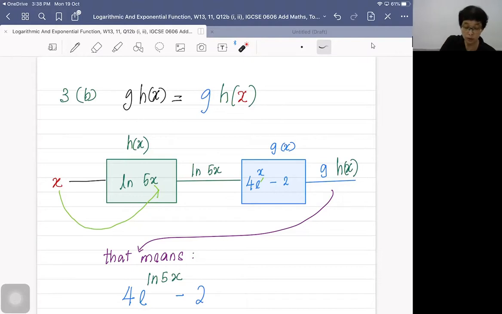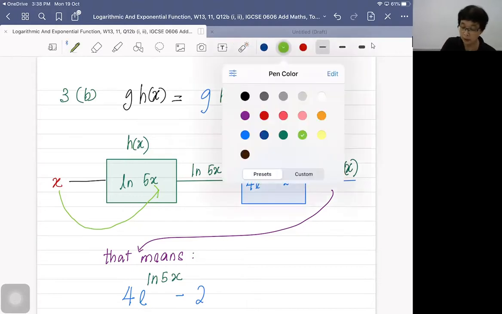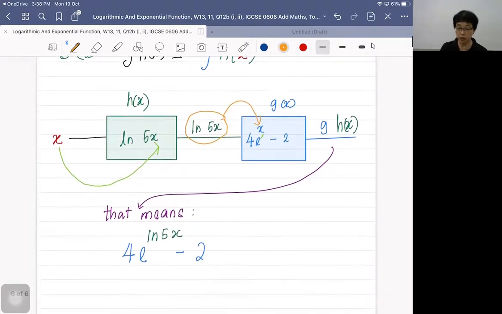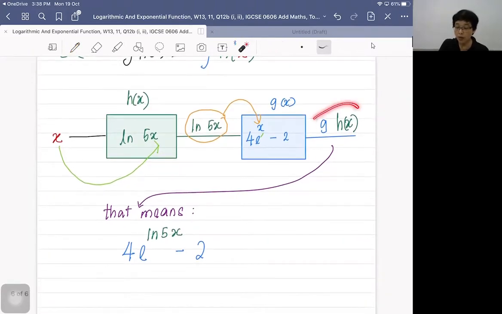Whatever comes out from machine h, you put into machine g. So what this whole thing means is actually 4e to the power of ln 5x, minus 2. All right, so that's what it is about.